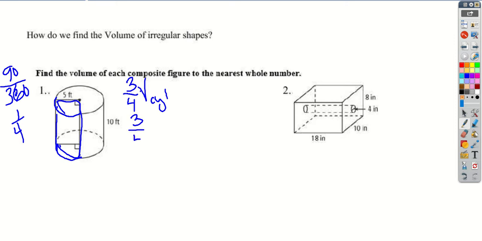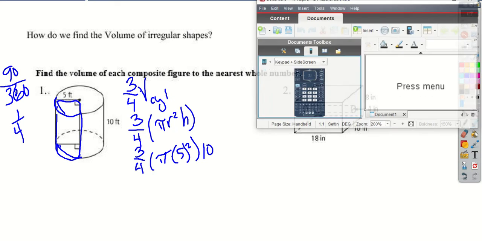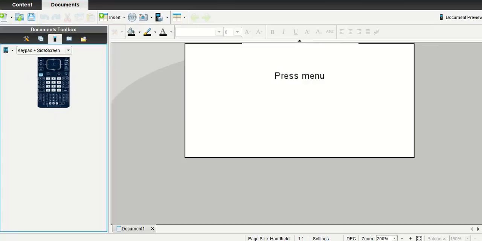So 3/4 times, and then it's pi r squared, area of the base, times the height. So 3/4 times pi times 5 squared, and then times the height, which is 10. It does say nearest whole number, so we can go ahead and do that.